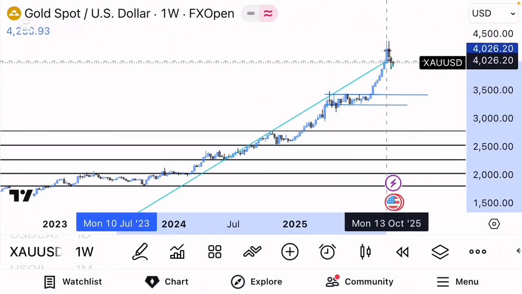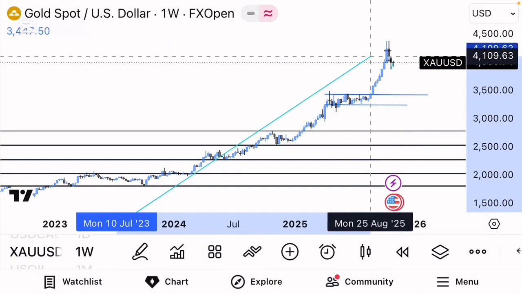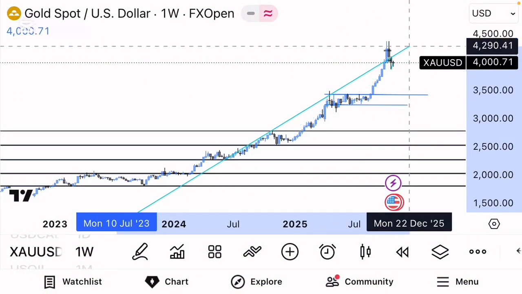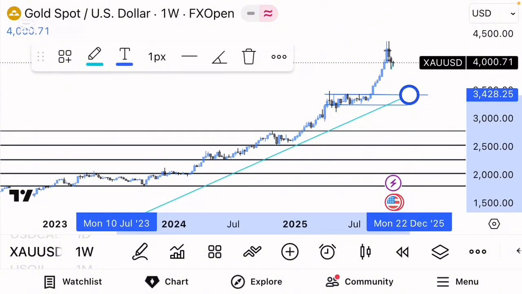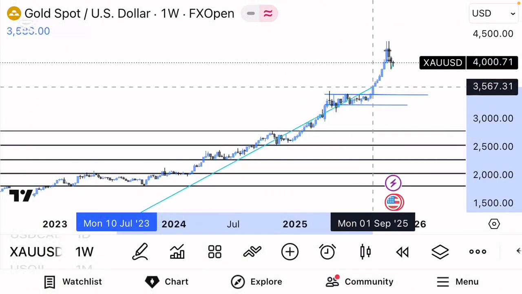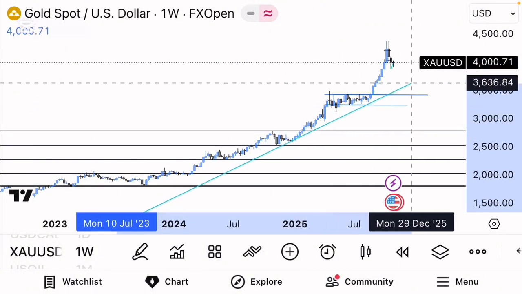But as is most likely going to be, the market is about to start reversing back to the downside, which I anticipate gold to head to 3,428, because that is the last point that the market consolidated before this bigger move.